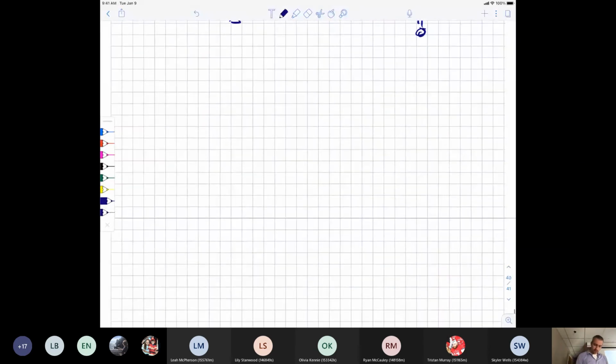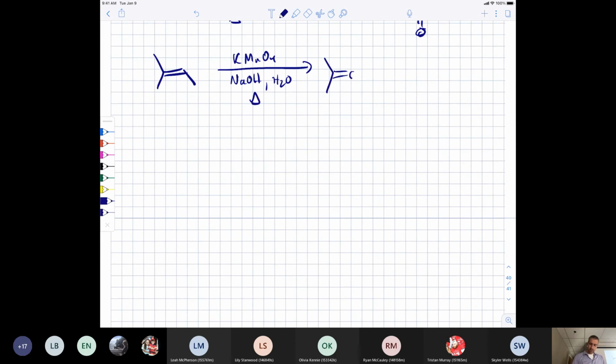If you have an alkene that looks like this, and you use the KMnO4 with heat, that's going to give you aldehyde on one side, OH on the other side.